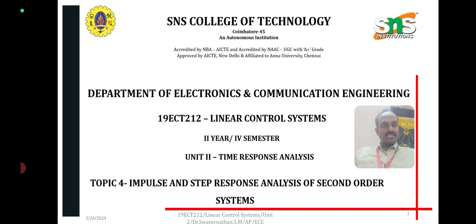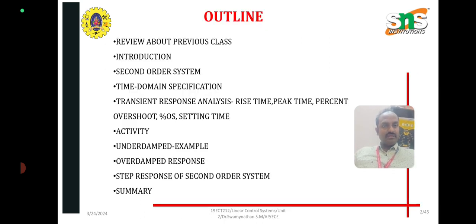Now I am going to discuss the topic called Impulse and Step Response Analysis of the Second Order System. Last class we discussed the different damping ratios for the step and impulse response of the second order system.